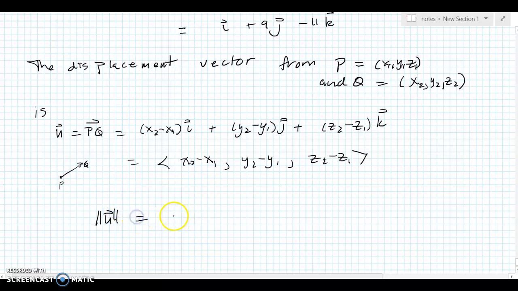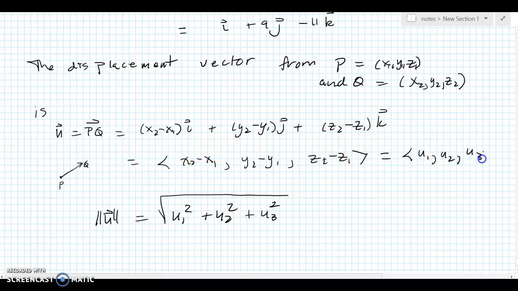So in 2 space, we would have done u1 squared plus u2 squared all under the square root. And now we're just going to add the third one, u3 squared. Okay. So this works out to be u1, comma, u2, comma, u3. So this is u1, this is u2, this is u3.